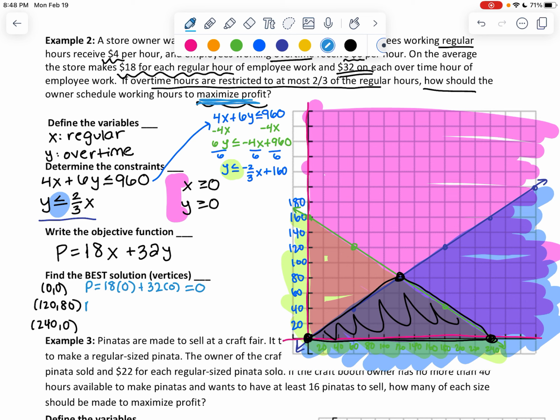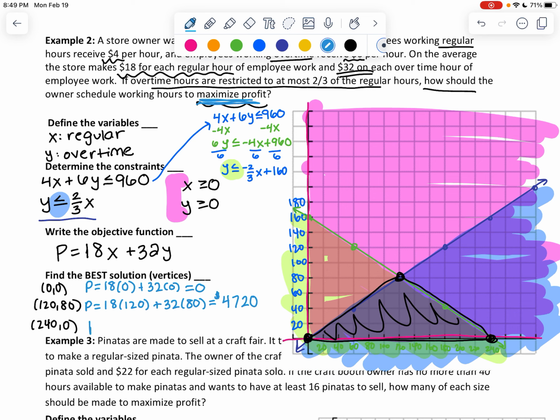The next one, we have 120 regular hours and 80 overtime hours. So I'm going to use my calculator for this one. 18 times 120 plus 32 times 80, I get $4,720.